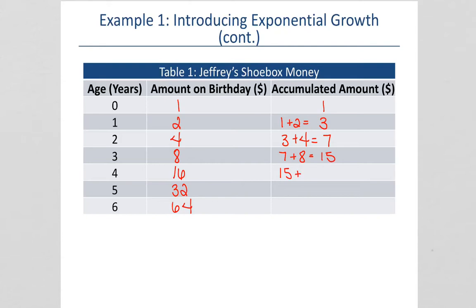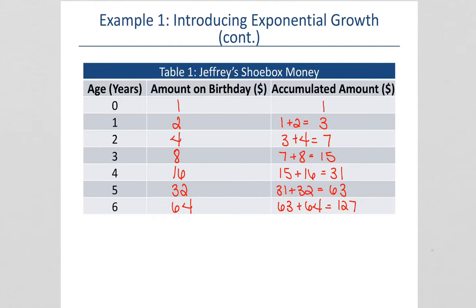Then add another $16 the next year, there'll be $31. The next year we add $32, there's a total of $63. And the next year we add $64. There's a total of $127 in that shoebox when he's only 6.